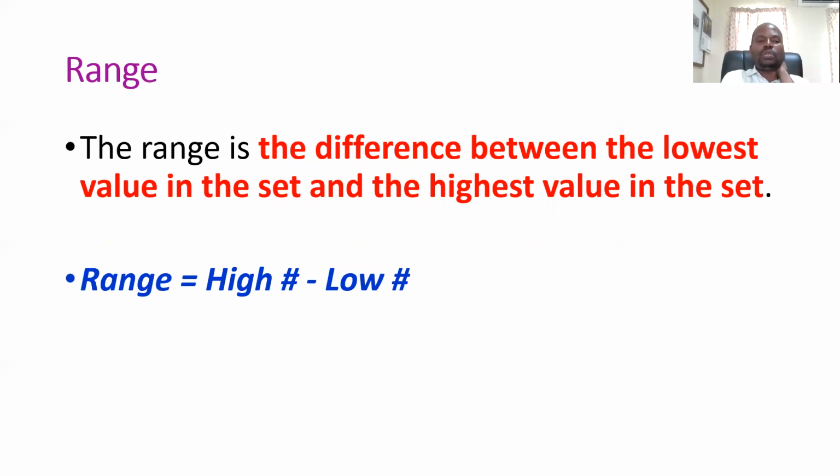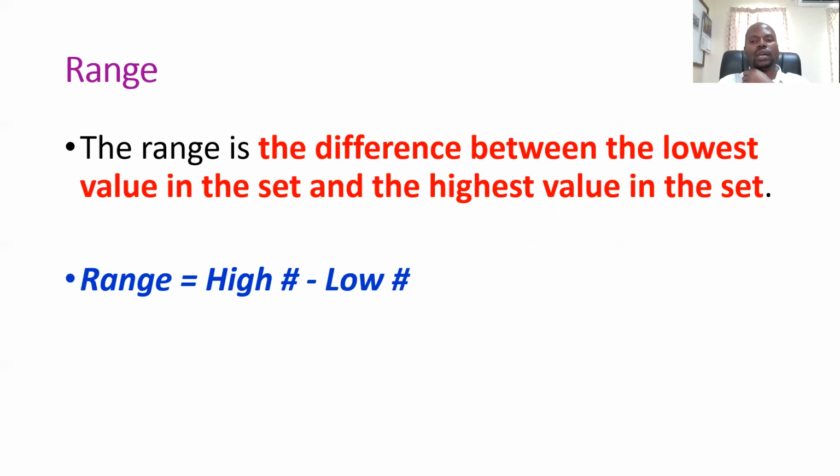So you will realize that in the previous slide, we used the range as the measure of variability. The range, to define it, is the difference between the lowest value in the set of observations and the highest value in that set.